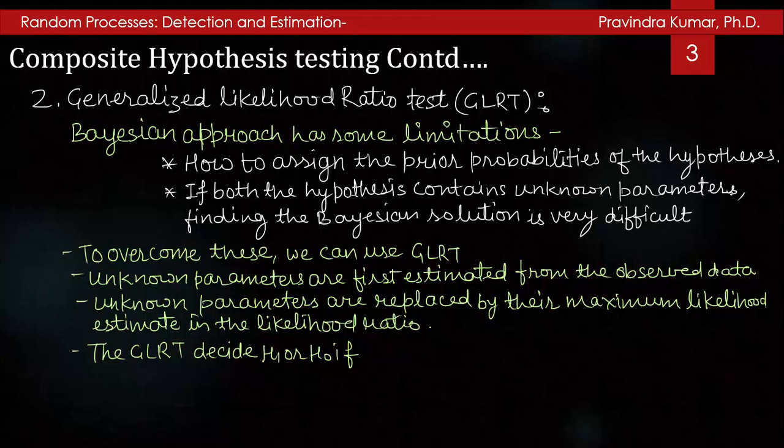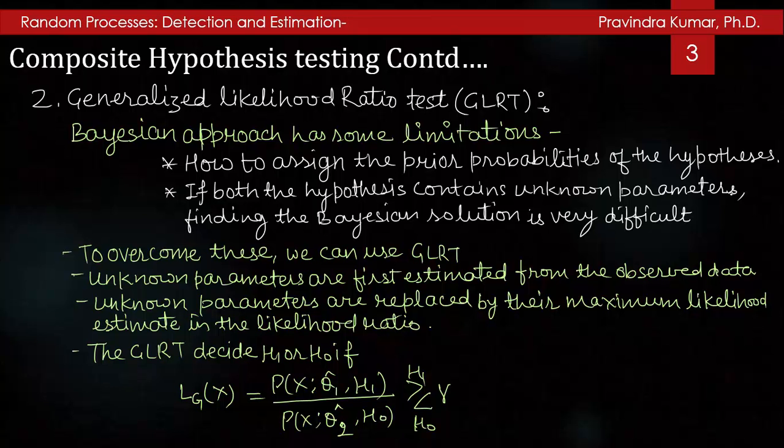So the GLRT decides H1 if the generalized likelihood ratio, p(x; theta 1 cap | H1) divided by p(x; theta 0 cap | H0), is greater than the threshold value gamma, and decides H0 otherwise. Here theta 1 cap is the maximum likelihood estimate of theta 1, assuming H1 is true.